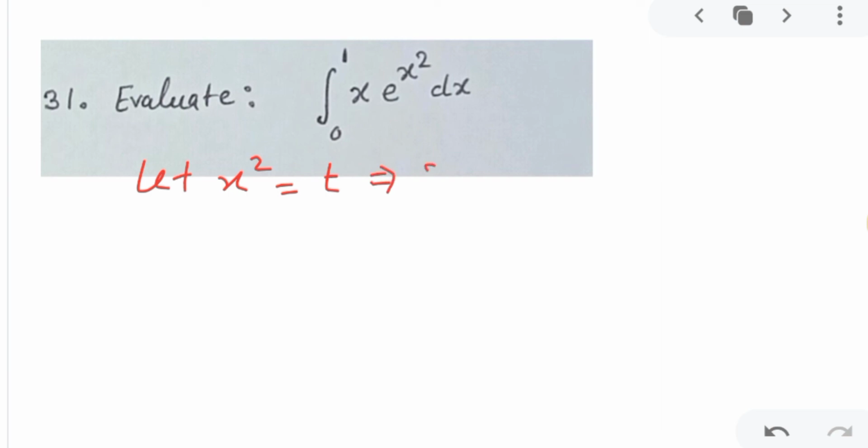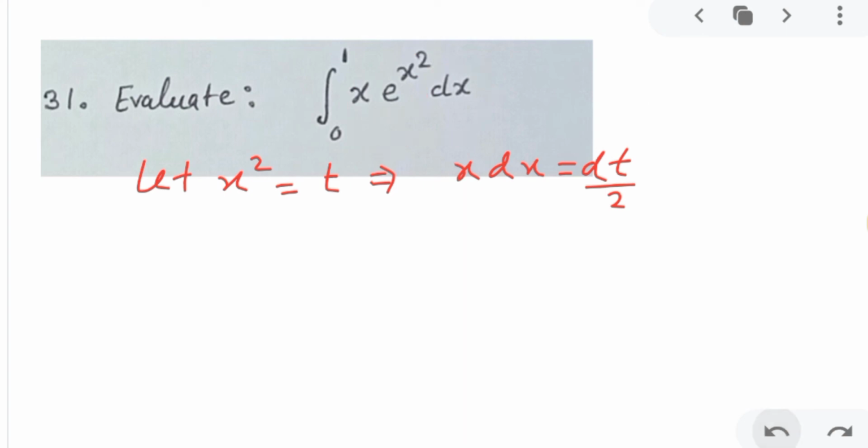Then 2x dx will be dt, or x dx will be dt upon 2. So you will put x dx as dt upon 2, and x square as t.